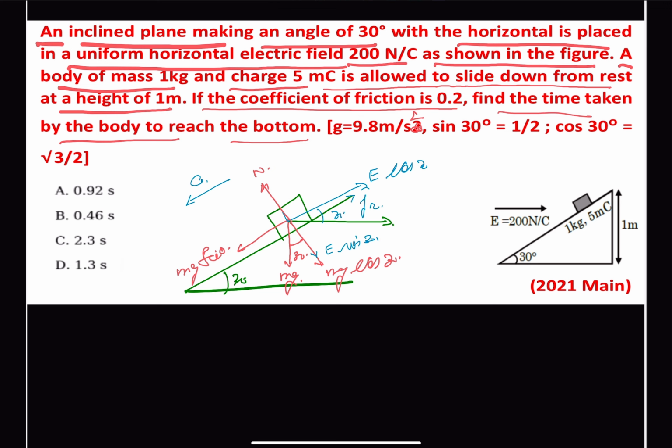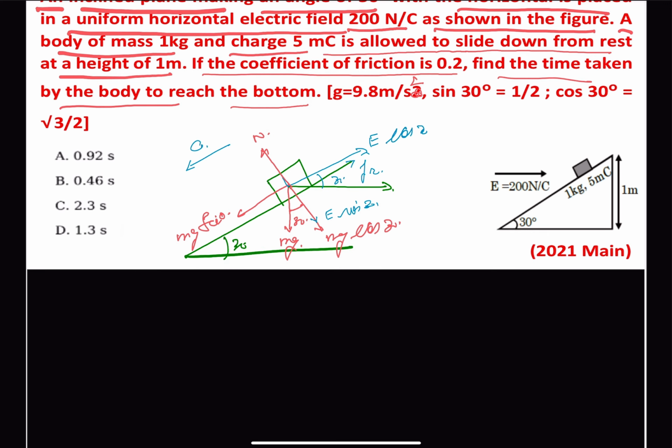So from here we can write that our normal N will be equal to mg cos of 30 plus, sorry, this is not electric field but charge times electric field force, my mistake, QE sine of 30.